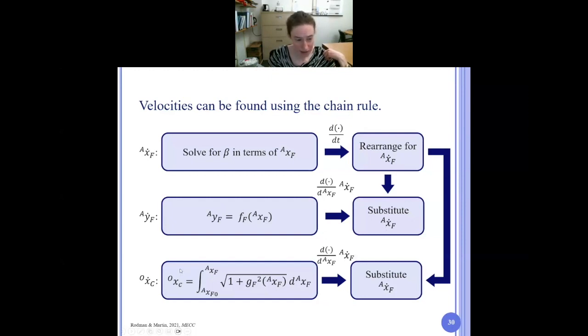And then similarly, in order to find the velocity of the contact point, here is our equation for the velocity of the contact point. We differentiate it using the chain rule and substitute in our x velocity. And then we combine these appropriately, and that gives us the global velocity of the ankle. Once we have the global velocity of the ankle, it's pretty straightforward to find the velocity of all the other points in our kinematic chain.